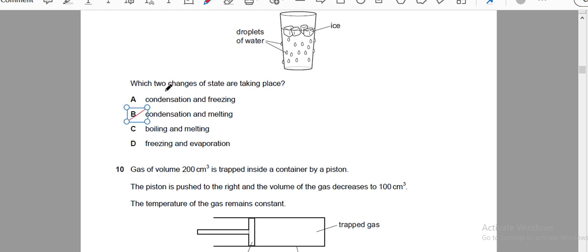Certainly condensation of water vapor in the air on the surface of the cold glass as its temperature dropped by the drain of thermal energy in the water to melt the ice.